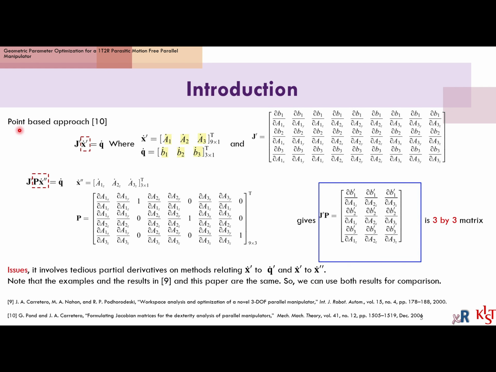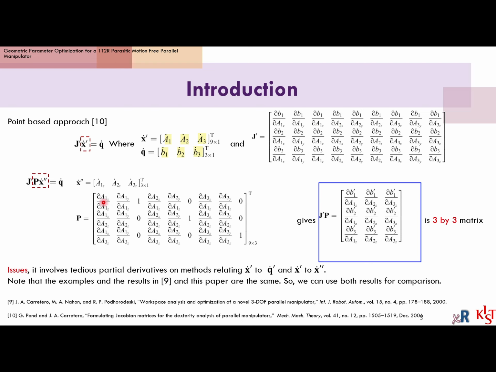The second approach is the point-based approach. In this approach, a number of points on the moving plate are selected and mapped to the joint rate. The mapping matrix is achieved by taking the partial derivative of the joint value with respect to those selected points on the moving plate.